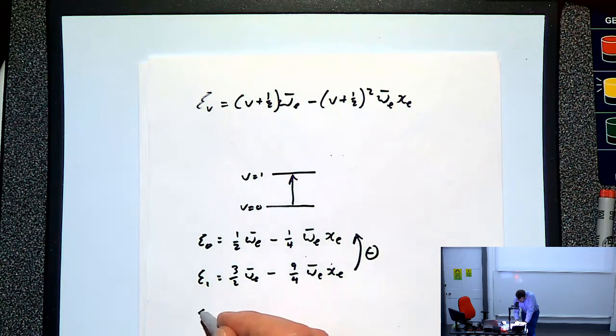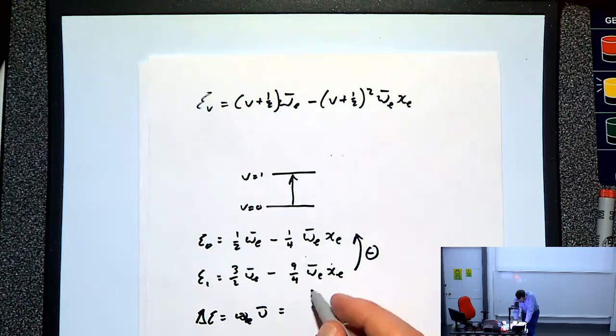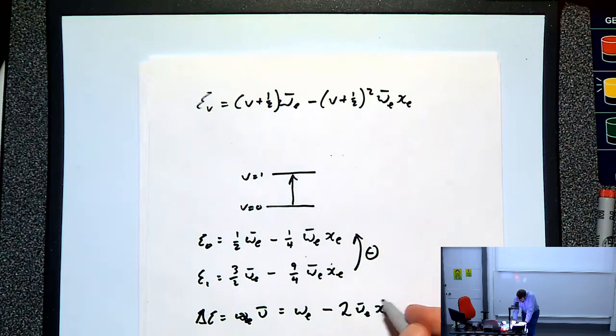That means delta E transition, or what we might call the spectroscopic transition, is equal to omega bar e minus, 9 over 4 minus 1 over 4 is 8 over 4, so it's 2 omega bar e x_e, or we can back that out: omega bar e times 1 minus 2 x_e.